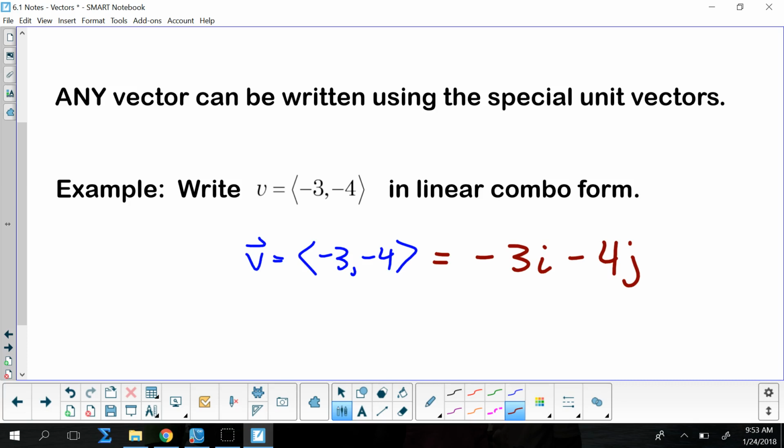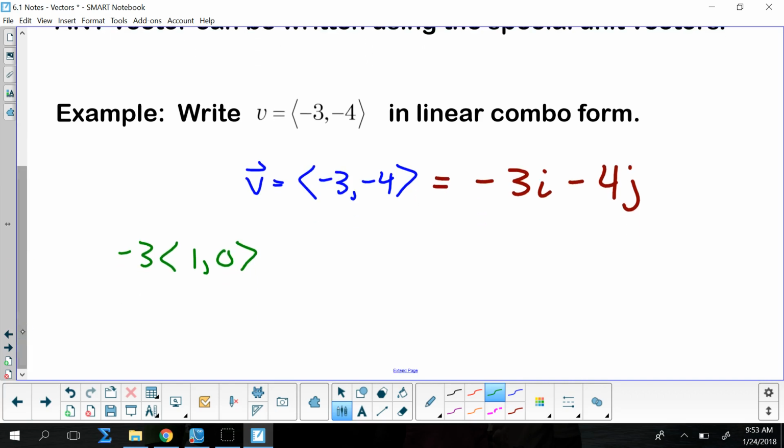Because if you think about it, -3 times i would be a vector 3 times the length of i, which would be the vector -3, 0, added to -4 times the vector 0, 1.